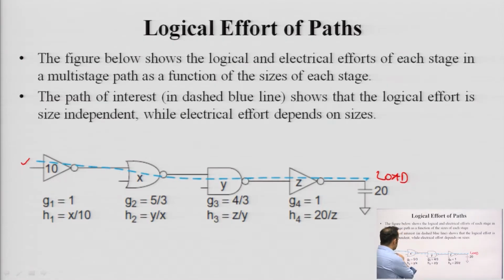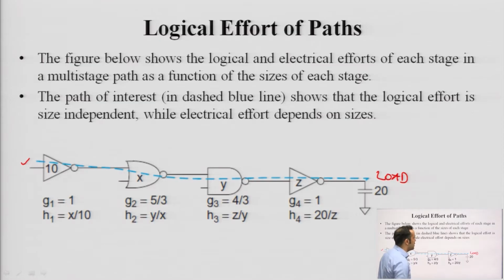The blue dashed arrow is the selected path, because if you have x number of inputs at the NOR gate, there are x possibilities for how the signal can propagate, and the same applies to the NAND gate, the further inverter and so on. The path of interest highlighted here shows that logical effort G is actually size independent, while the electrical effort represents the fan out.